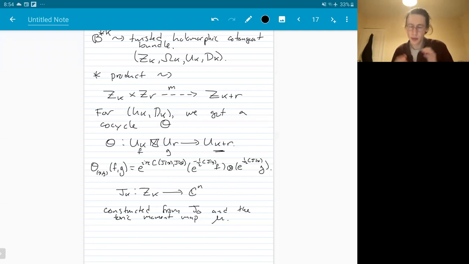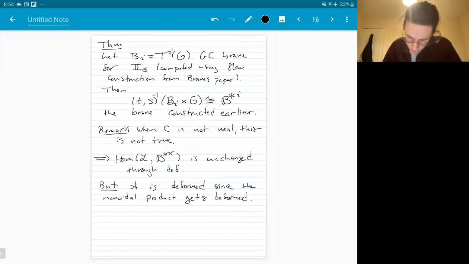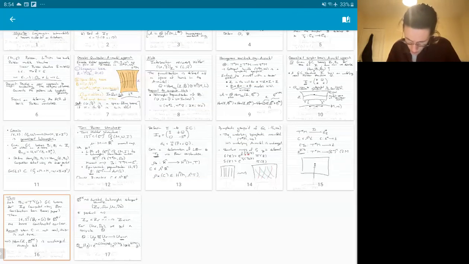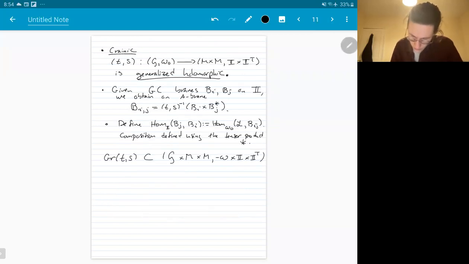So it's a holomorphic prequantization, but it has a product structure, which is what this cocycle gives you. That's basically how we get these branes and what's going on with the tensor product.